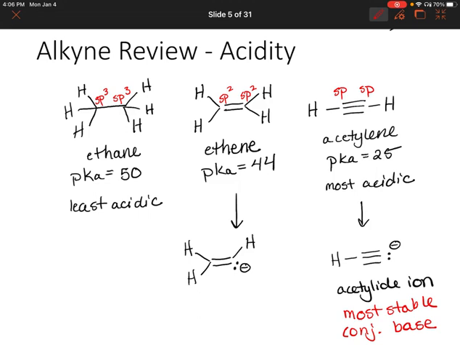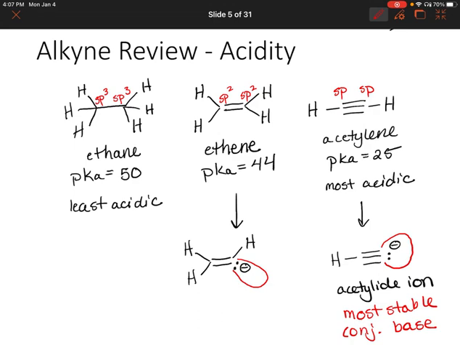And that's because the sp orbital is very round compared to the sp2 orbital, and then even more so compared to the sp3 orbital. Because remember, we're increasing the s character as we go across. So in an sp3 carbon, it's 75% p character, 25% s character, and p orbitals are very, very long.